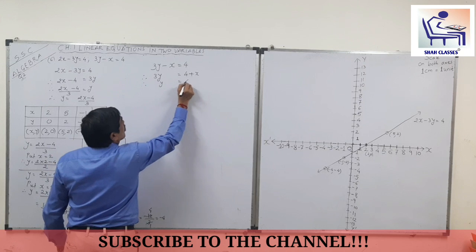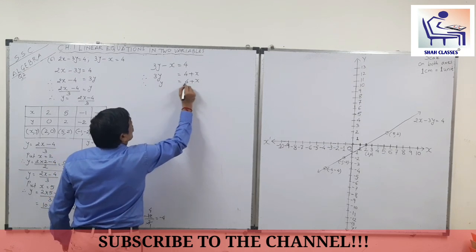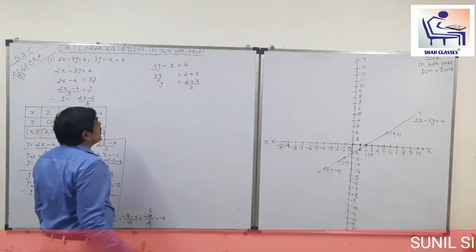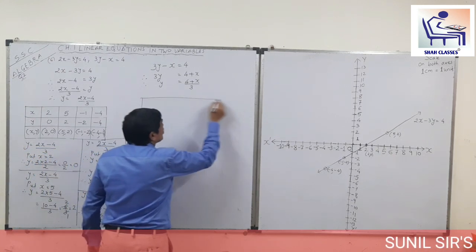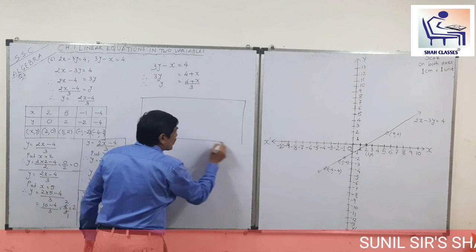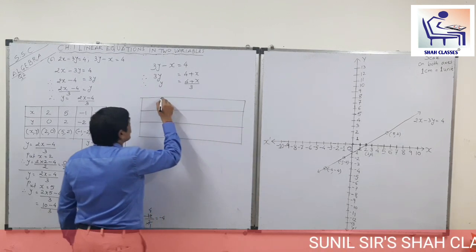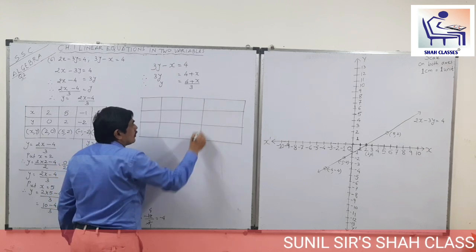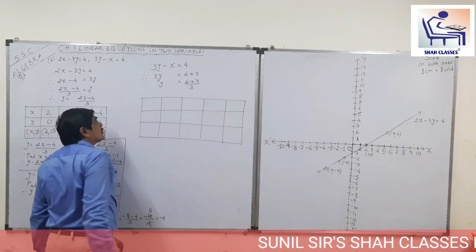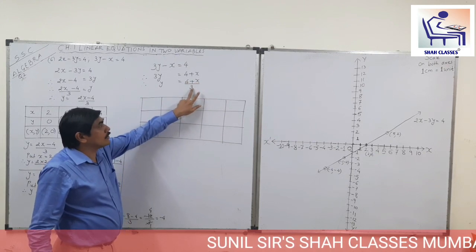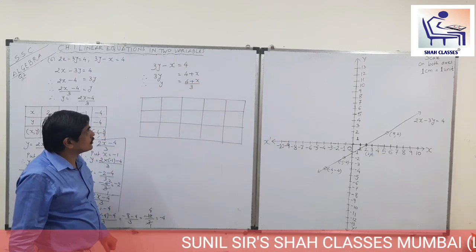So y is equal to 4 plus x upon 3. Take any 4 values, but once again we are getting the denominator as 3, so we have to be a little bit careful. We have to check whether the numerator after putting the value of x is divisible by 3 or not.